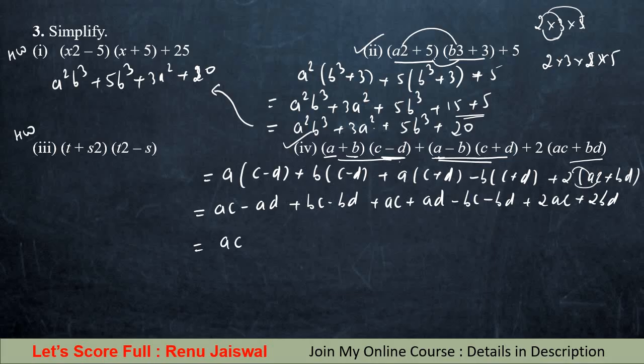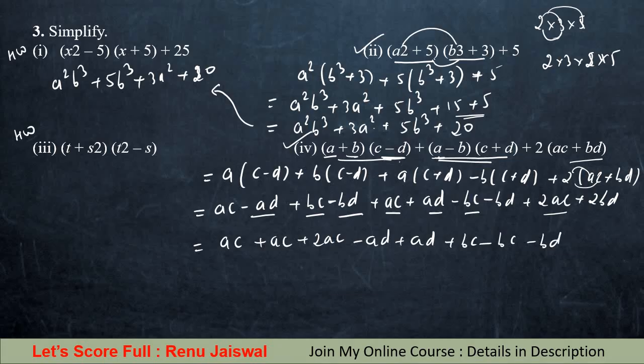Write the like term ac, then I have here, then again I have here. Then take ad, a and d. So a and d here I have, and that's all. Then bc, do I have another bc? Yes, here. And that's all. Then I have minus bd here.